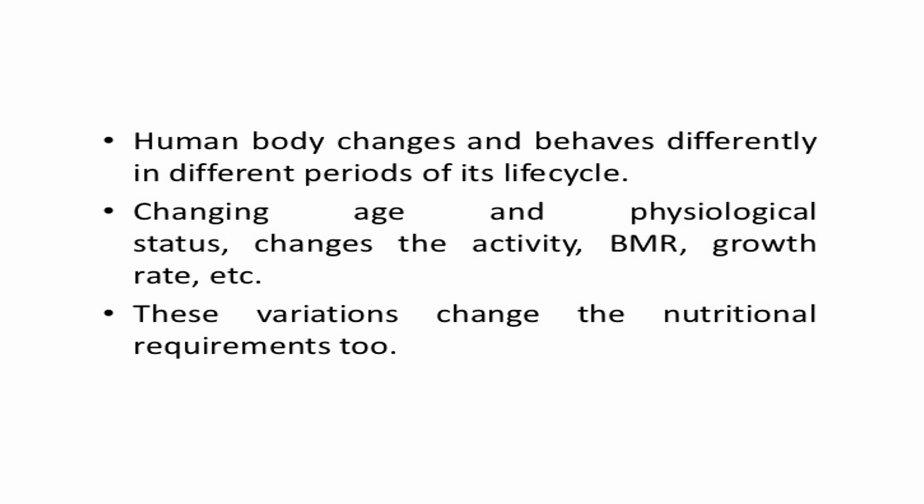Some may be pregnant in the same age group, some may not be pregnant, some may not even be married. So the amount of nutrients needed for a particular human being depends on these factors, that is age, physiological status, physical activity or changes in activity, basal metabolic rate and growth rate of the person.